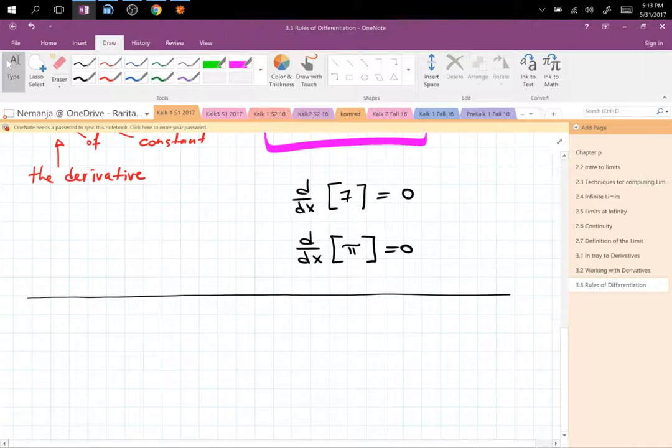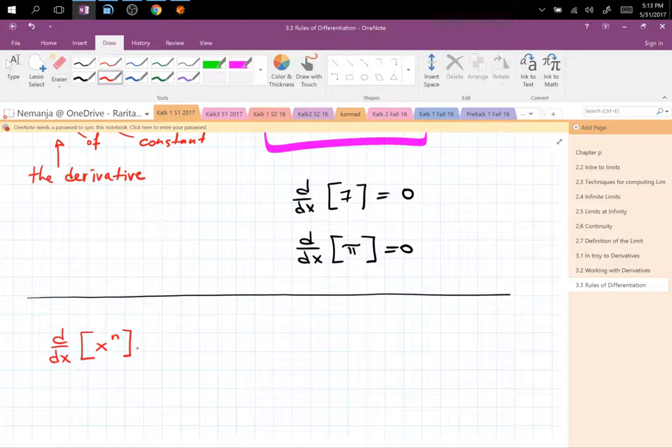The next one that you are memorizing is the derivative of some kind of exponent. Now, x squared falls into this category, but also root of x and 1 over x to the 10, because exponents could be positive or negative or fractions, right?